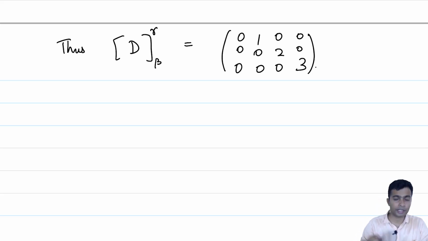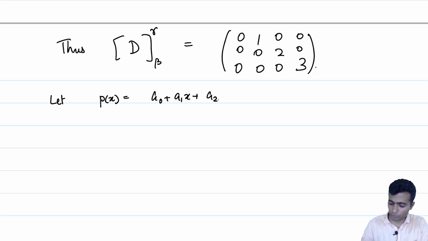Let's now check that this representation indeed is working. So, for example, let's take an arbitrary polynomial. In fact, let's take the general polynomial of P3 of R. So, let P of x be equal to A0 plus A1x plus A2x square plus A3x cube.